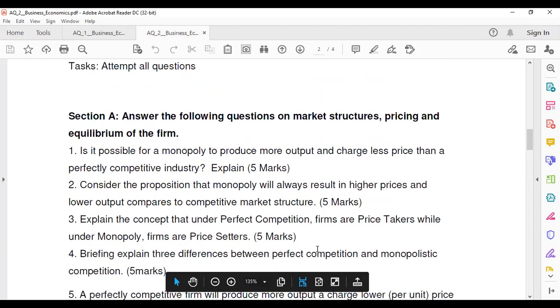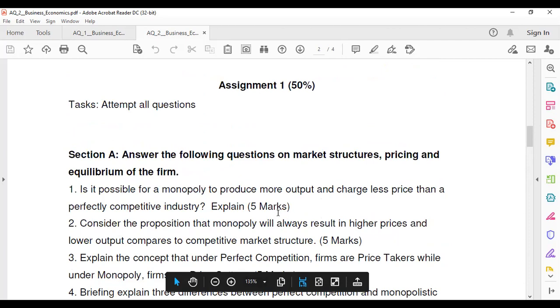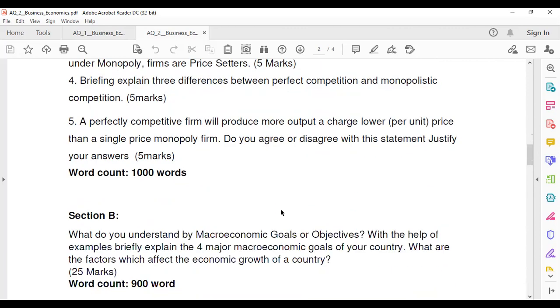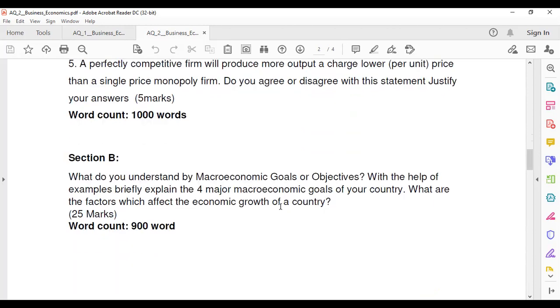So that's all about section A. You need to answer within the word count of 1000 plus minus 10%. And you should give your references followed by Harvard referencing set. Section B, what do you understand by the macroeconomic goal or objectives?